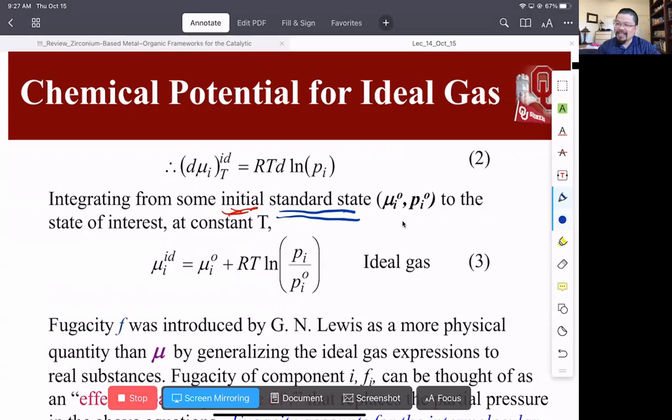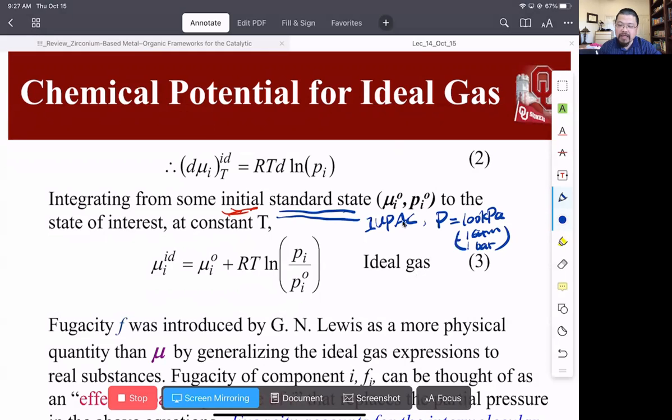Closer, but not exactly. So for the IUPAC definition, we need to confine the pressure at 100 kPa, or 1 atm, or 1 bar. So this is the pressure requirement, but we don't actually have a temperature requirement.